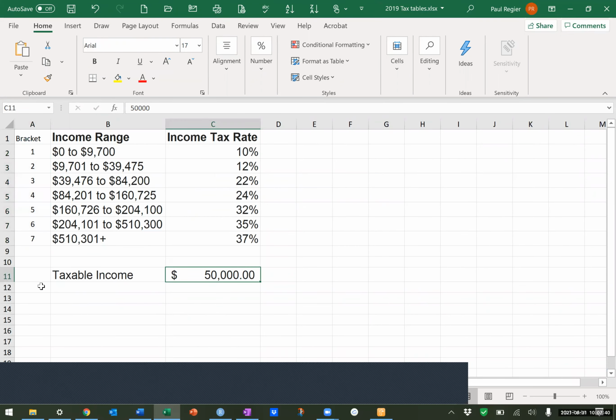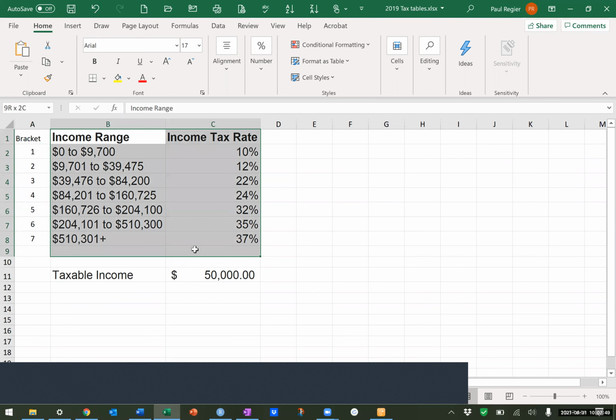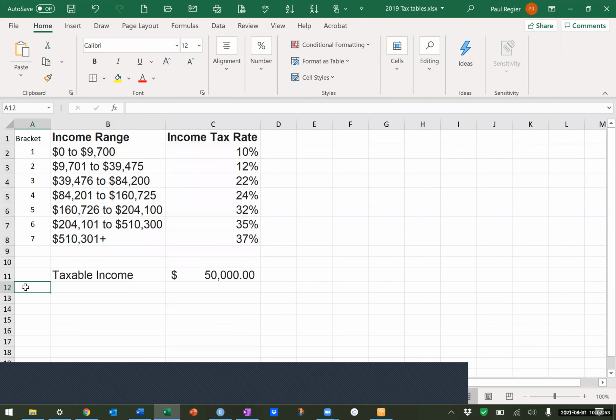For Excel, we can use formulas. I'll show you how to do that. Here's our tax bracket. Let's look at the first tax bracket. The first tax bracket is everything from 0 to 9,700.